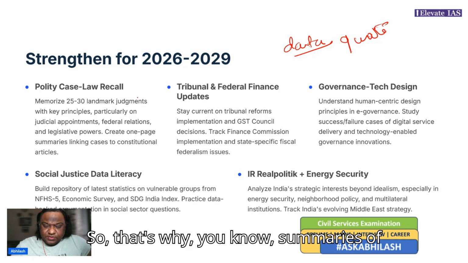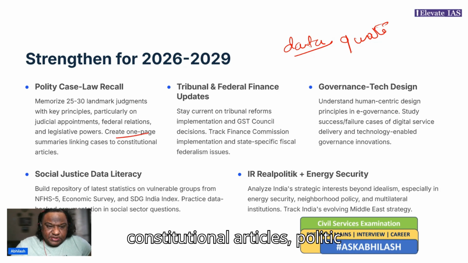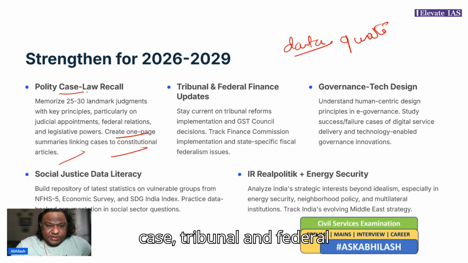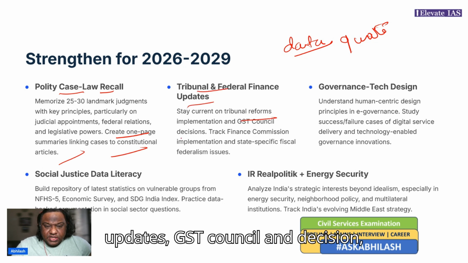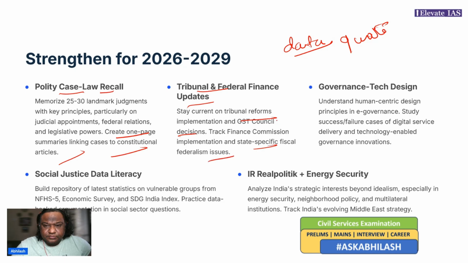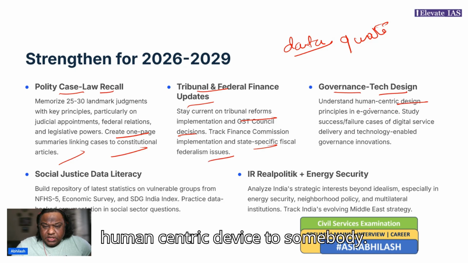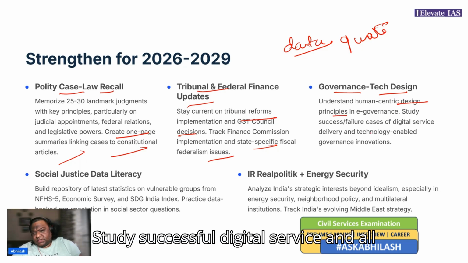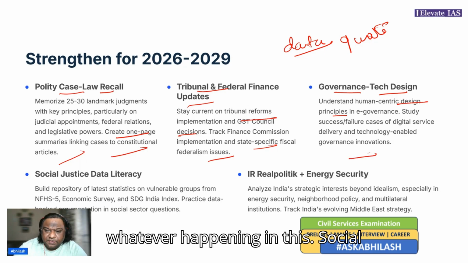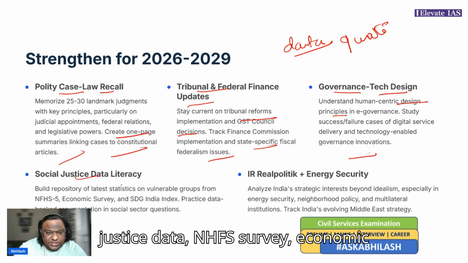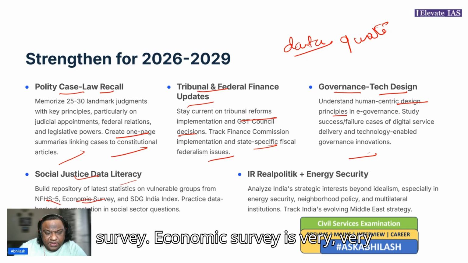So that's why summaries of constitutional articles, polity cases, tribunals, federal updates, GST Council decisions, governance and tech, a human-centric device to understand. Study success and failure of digital services and whatever is happening in this. Social justice data, NFHS survey, Economic Survey. Economic Survey is very, very important.